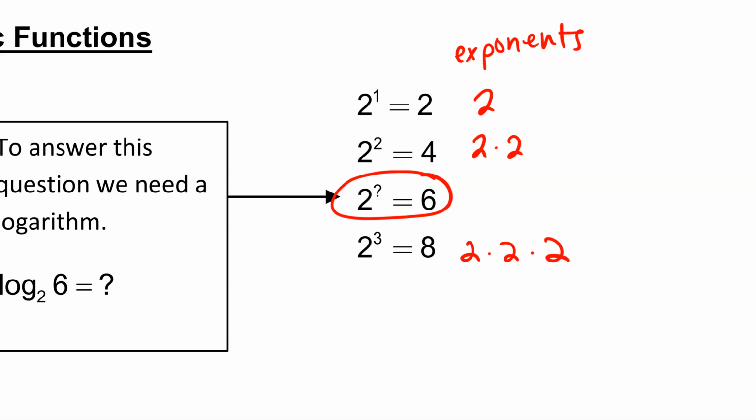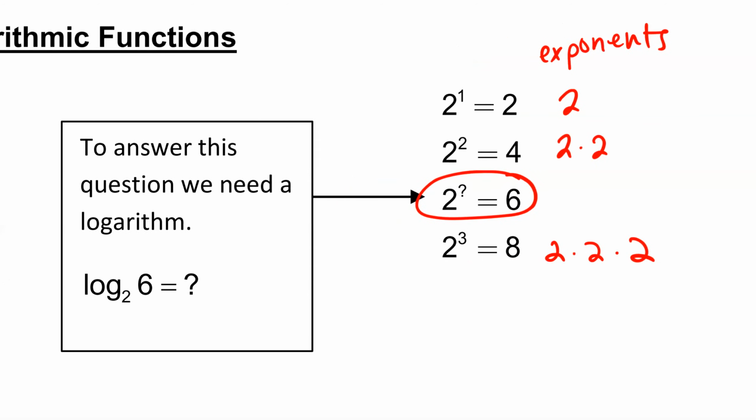So to answer this question, we need a logarithm, right? 2 to the base, 2 to what power is 6? Literally, this is how we write it. Logarithmic form versus exponential form. So normally when we would write it, we would say, okay, log base 2 of 6 is equal to y.